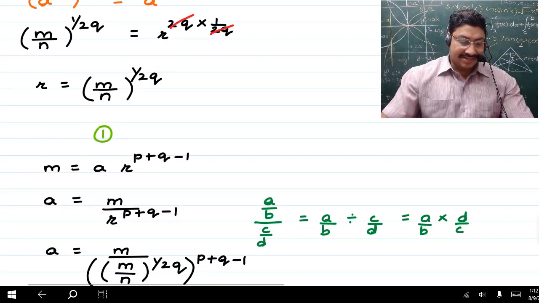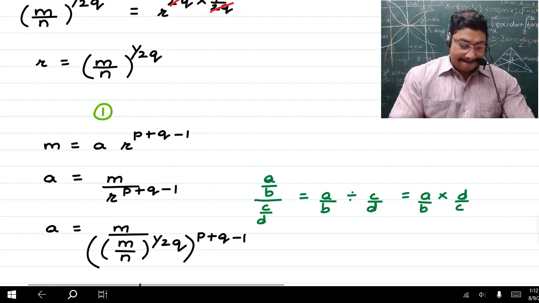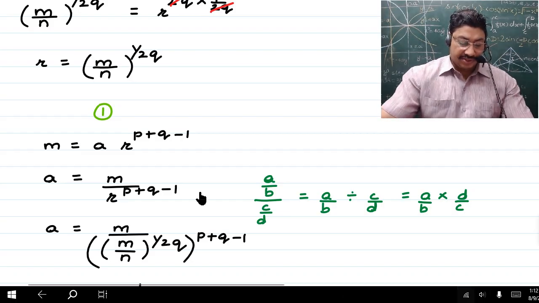So as such, we now have m equal to a, the first term, times the common ratio r raised to the power p plus q minus 1.